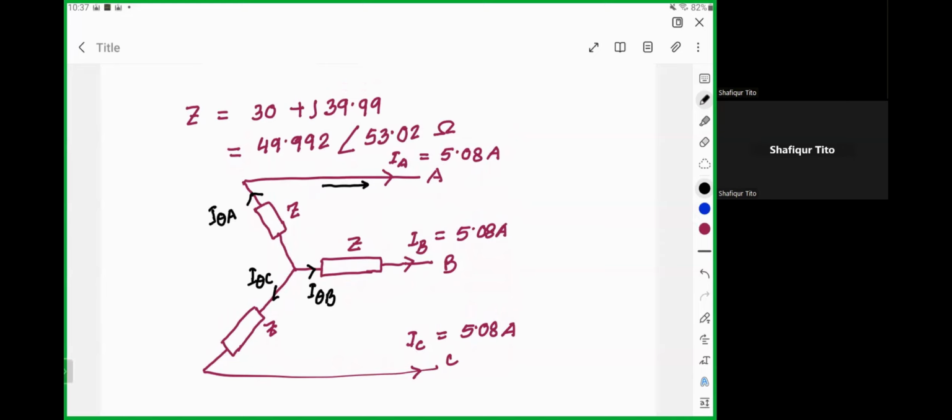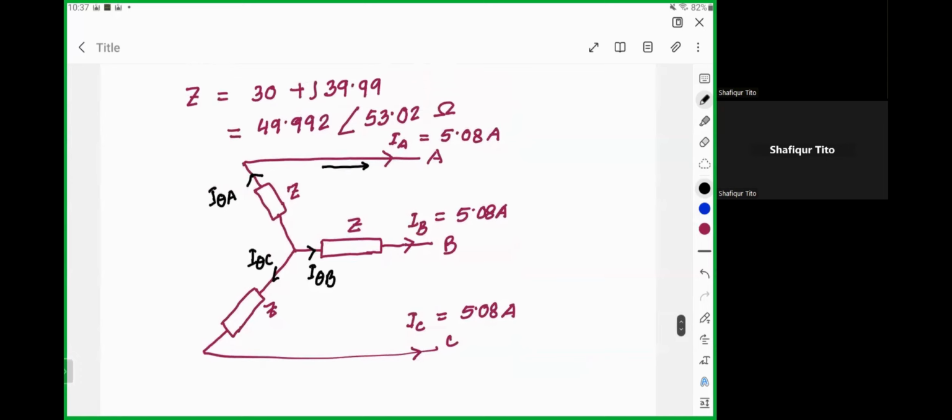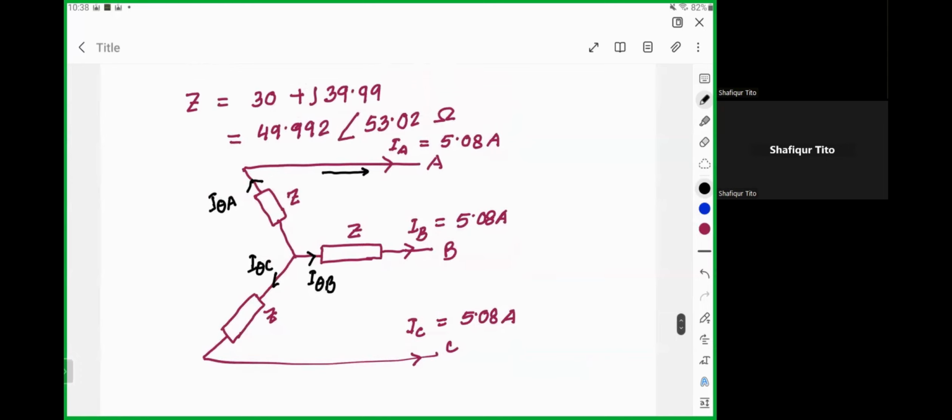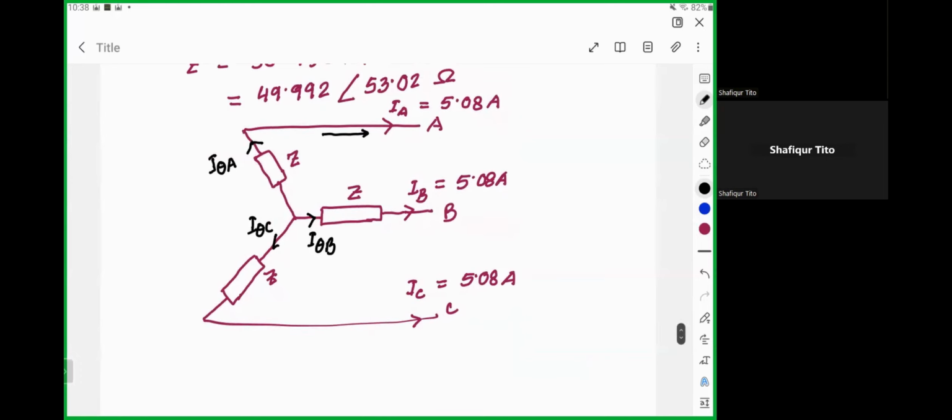Here we can assume the current angle, because the current angle is not given, only the magnitude is given. We can make our assumption of the current angle because we know the line currents will be phase shifted by 120 degrees each. We can take the reference of any current and then find the other currents.